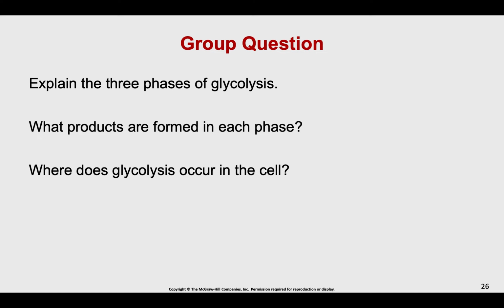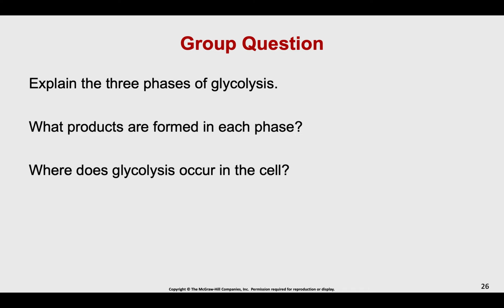So the next stage, who has that one for me? Cleavage, yes. So what is the end result, the molecule that results from this cleavage stage? Glyceraldehyde 3-phosphate, yes, and 2 molecules of those.